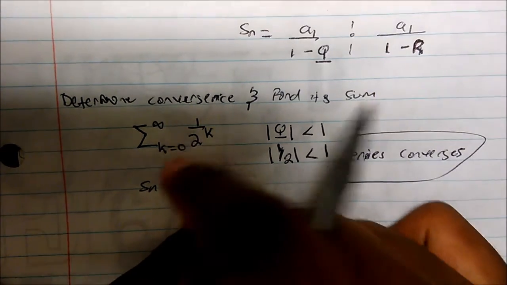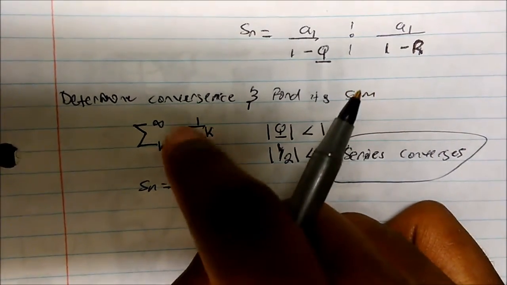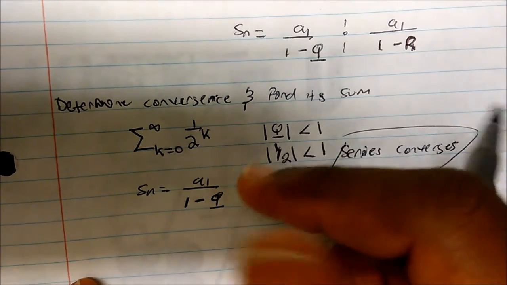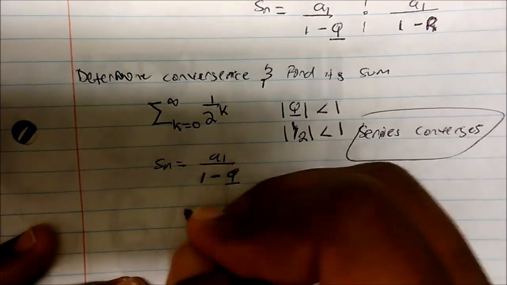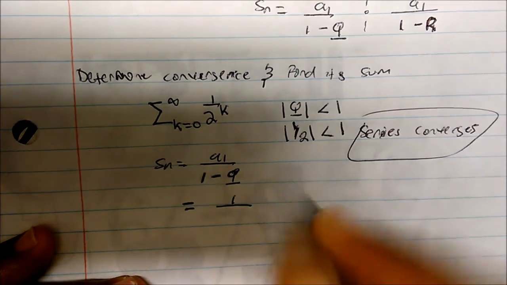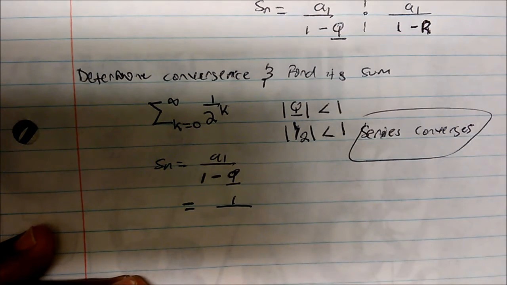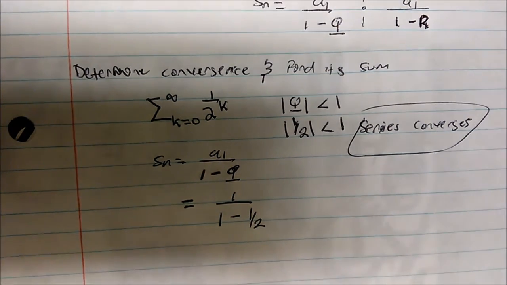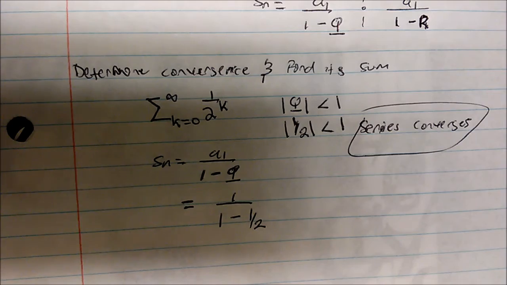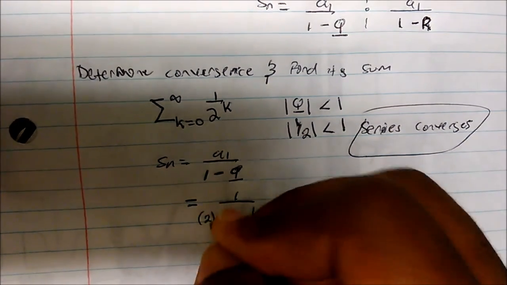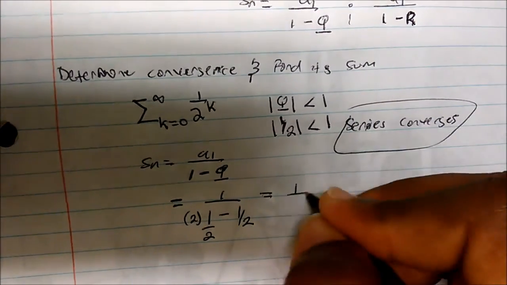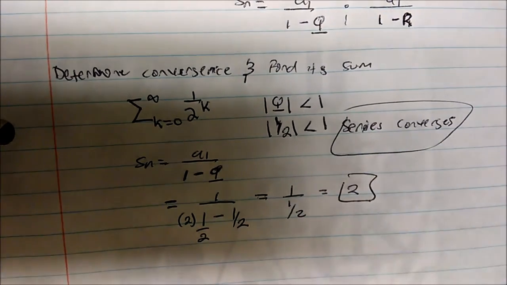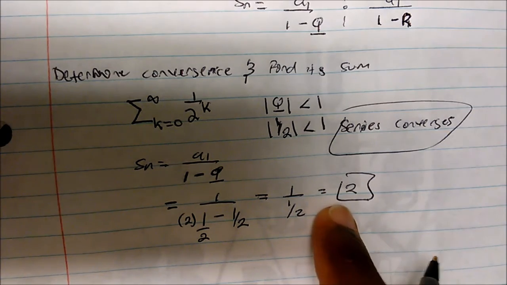Since we start at 0, our first term is where we plug in 0. 2 to the 0 power is 1, so the first term is 1. Then 1 minus q is 1/2. This becomes 1 over 1/2, which equals 2. So the series converges to 2.